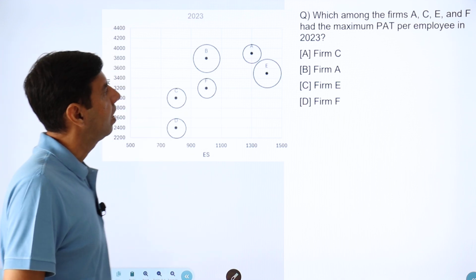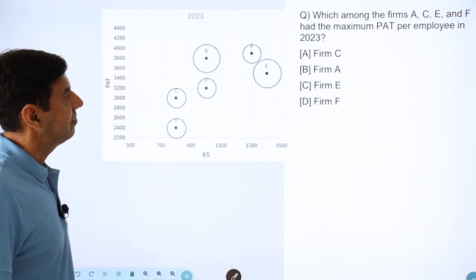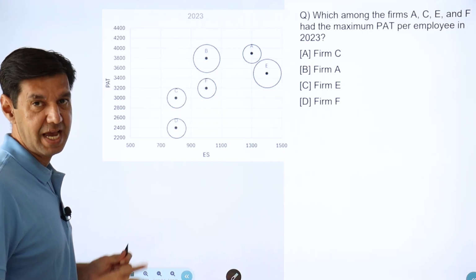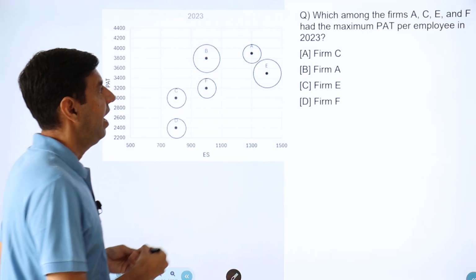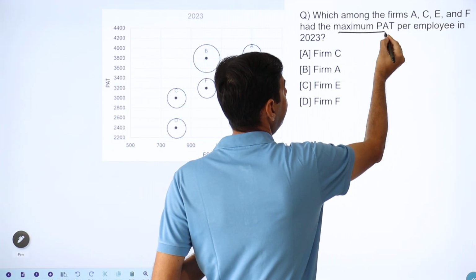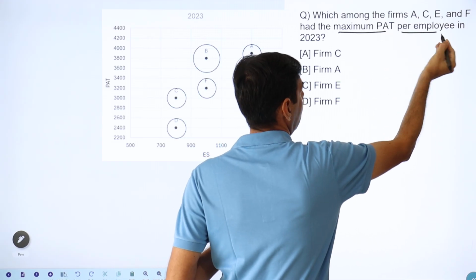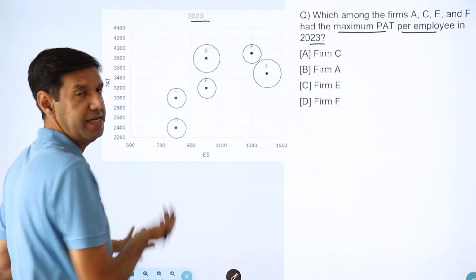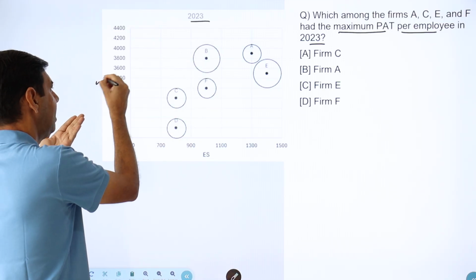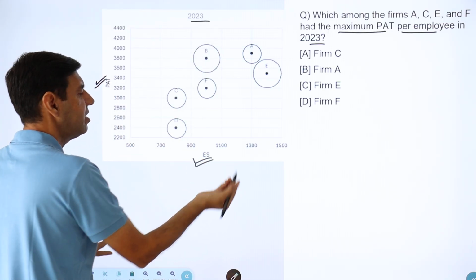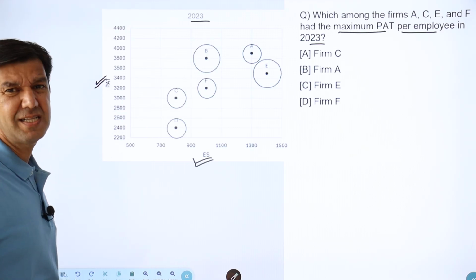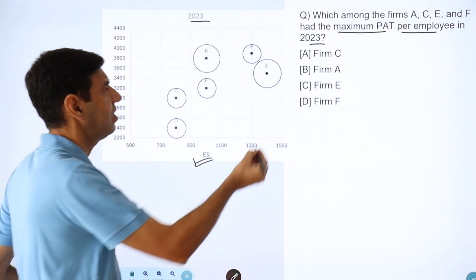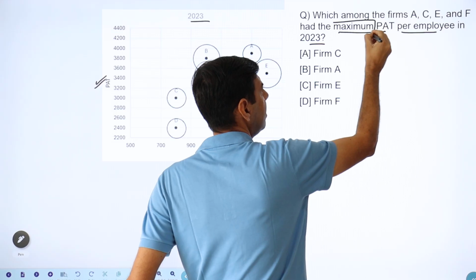Question 3. Which amongst the firms A, C, E, F, so we have to again compare, has the maximum PAT per employee in 2023. So just focus on the graph for 2023. PAT is given directly, per employee is given directly. So you just need to take that ratio, that's it. Just keep an eye on, you need the maximum.